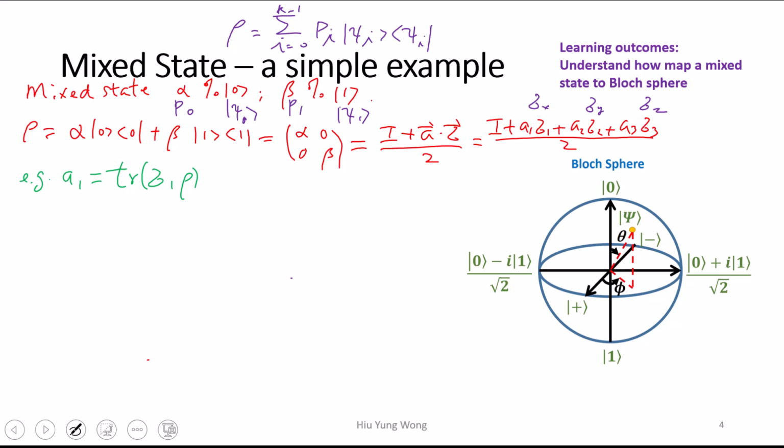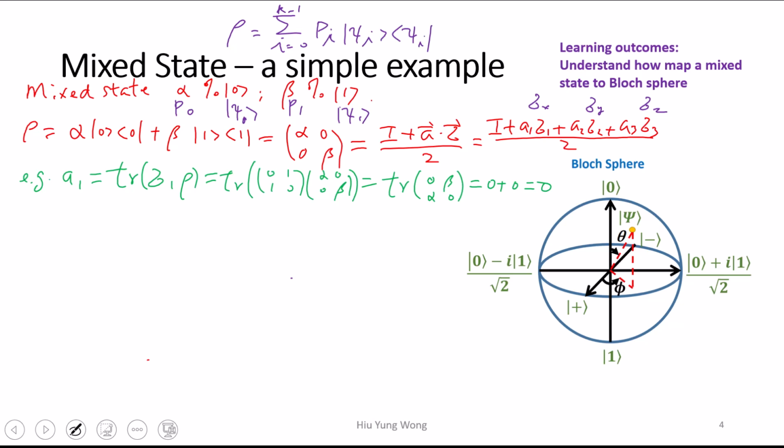So what is sigma 1 times rho? Just go over the process. Sigma 1 is sigma x, 0 1 1 0, times alpha 0 0 beta, and the trace of that, if you go through it, is 0 beta alpha 0, which is 0 plus 0 equals 0. So A1 is 0.